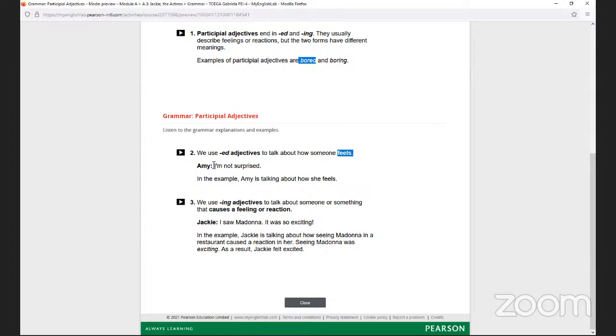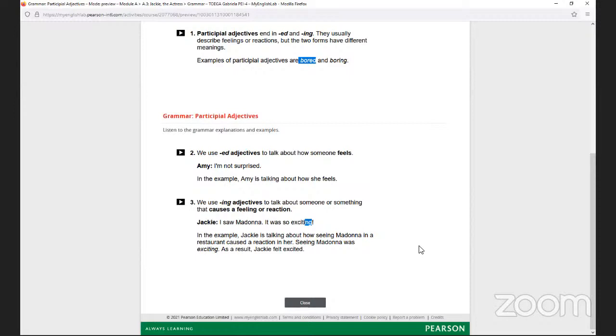For example, I can say here, I'm not surprised with ed because this is momentaneous and this is only a feeling for that moment, okay? But if I talk about, for example, reactions, I saw Madonna. It was so exciting. So this is in that moment, and forever, if I see her, it's gonna be exciting.